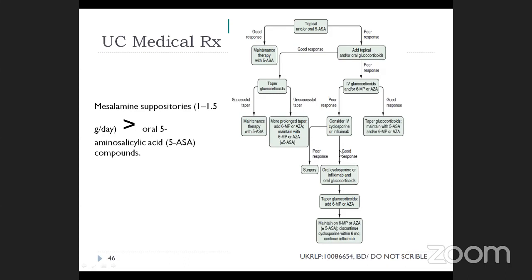If the patient has a poor response with purine analogs, go for targeted therapy. If the patient has a poor response with targeted therapy, go for surgery. If it has a good response, go for purine analogs maintenance.